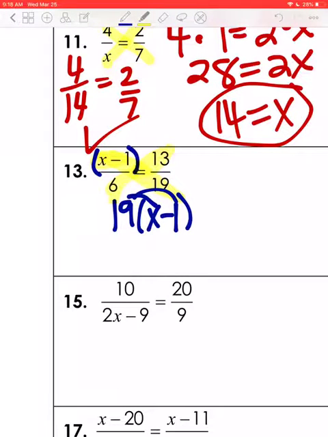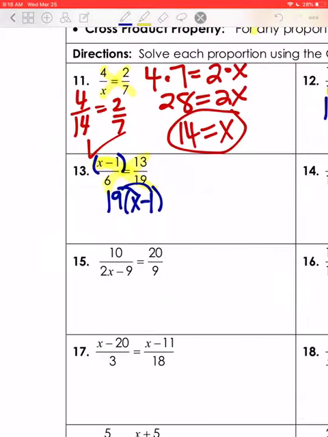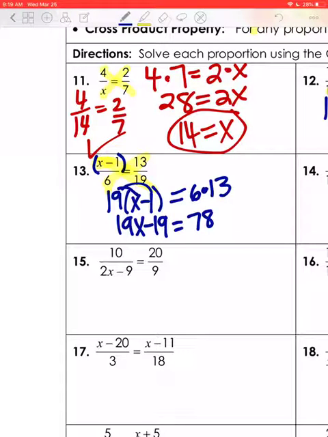So make sure you group up any binomial you have before you cross multiply. So that will equal 6 times 13. Okay, so that gives me 19x minus 19 equals 78. Add 19 to both sides. 19x equals 97. Divide by 19. X equals 5.1.